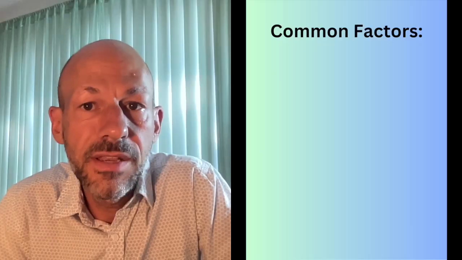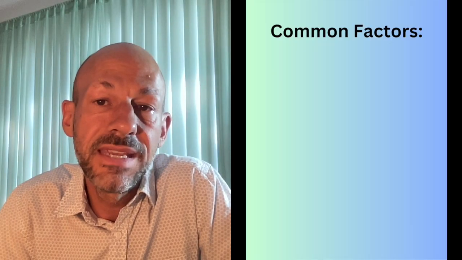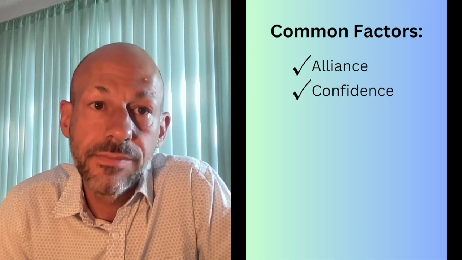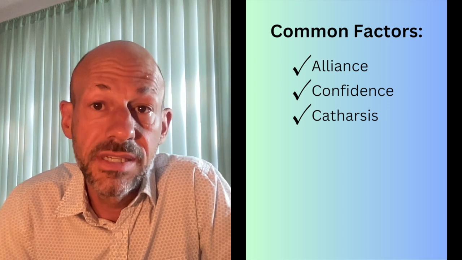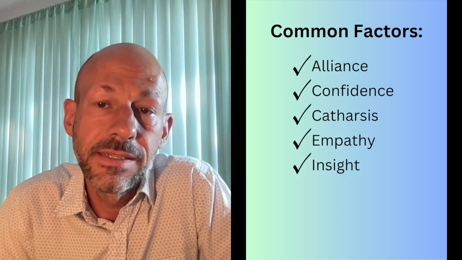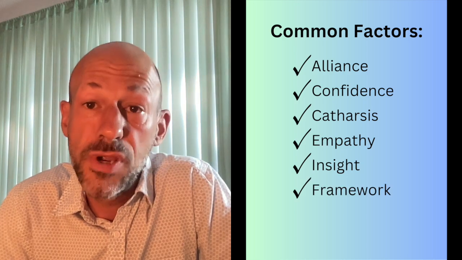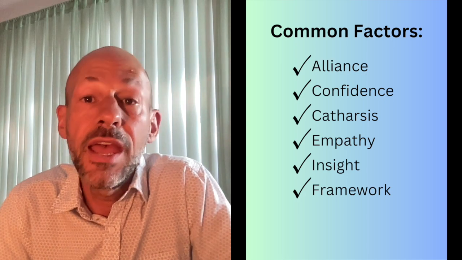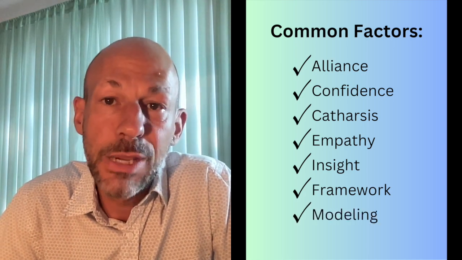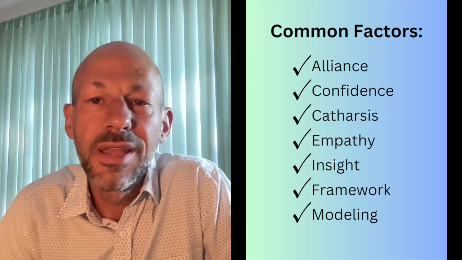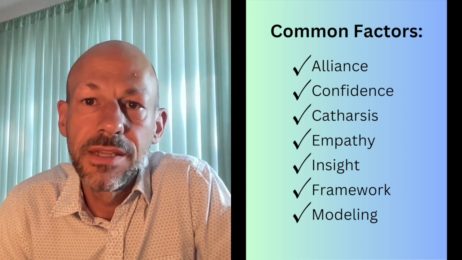But the 7 basic common factors would be the alliance, confidence on the part of the therapist, the issue of catharsis, empathy, insight, framework, that the therapist has a framework and is socially sanctioned, and finally modeling. The therapist models certain things that the client ends up absorbing in various ways.